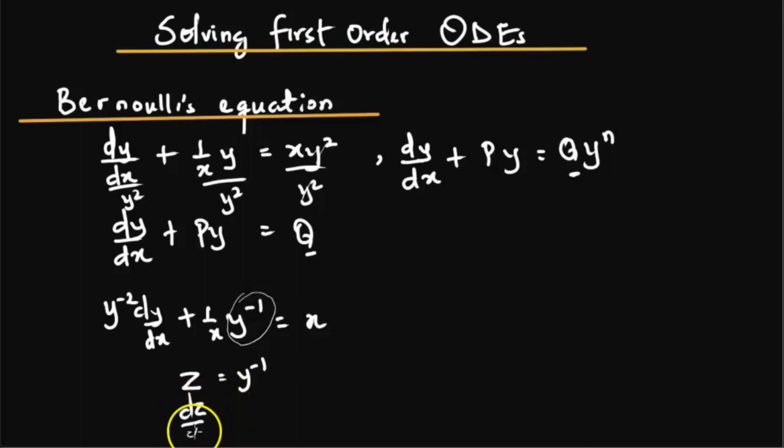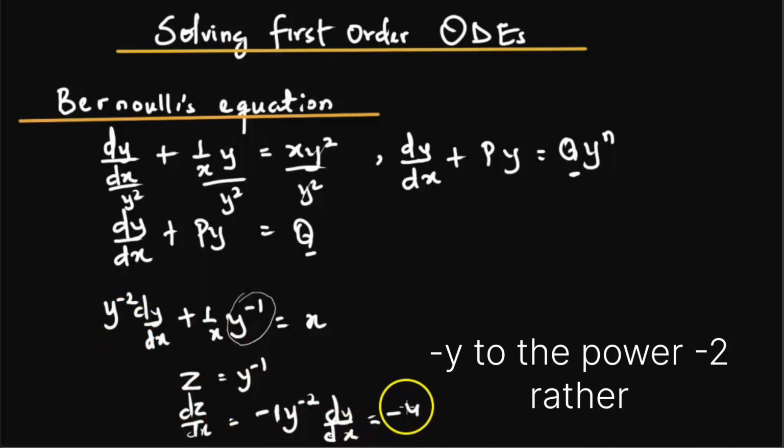So we have dz/dx equals minus 1, y to the power minus 2, dy/dx, just as we've done earlier, right? So we want to bring in z and dz/dx into this equation. Well, here we have y to the power minus 2 dy/dx, and here we have minus y to the power minus 2 dy/dx.